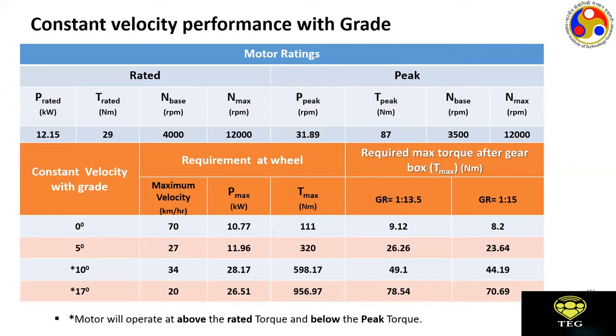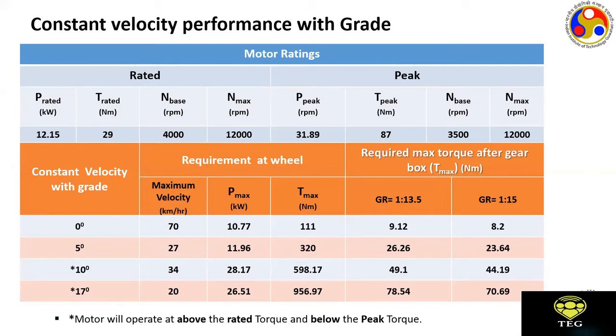We took these two numbers because they are the most widely used gear ratios. They're easily available, and most of the OEMs use them, so it's a pretty standard gear ratio. Otherwise you have to design a new gear and so on, so that becomes tricky and critical.